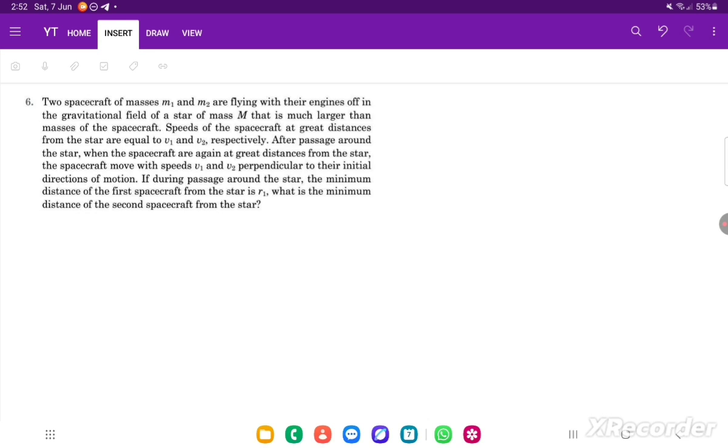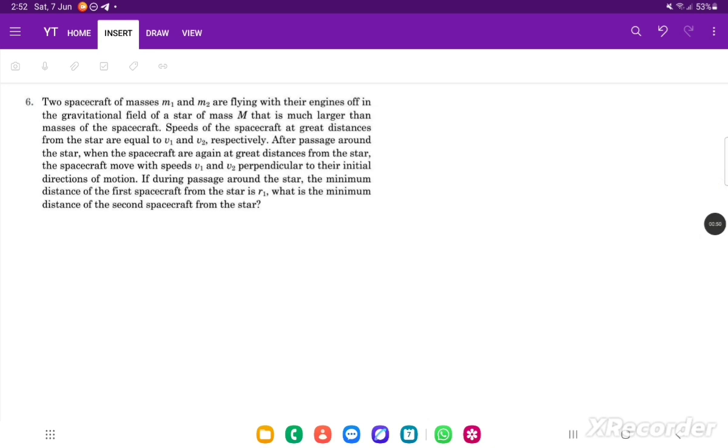So first, let me read out the problem once. Two spacecraft of masses M1 and M2 are flying with their engines off in the gravitational field of a star of mass capital M that is much larger than masses of the spacecraft. Speeds of the spacecraft at great distances from the star are equal to v1 and v2 respectively.